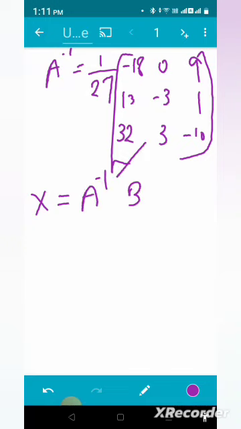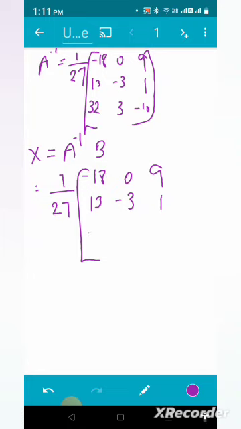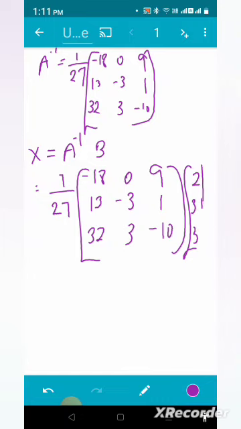So A inverse is 1 by 27 into minus 18, 0, 9, 13, minus 3, 1, 32, 3, minus 10, into the B value, which we have already seen in question 2, 31, 3. This is the B value, the right hand side value.